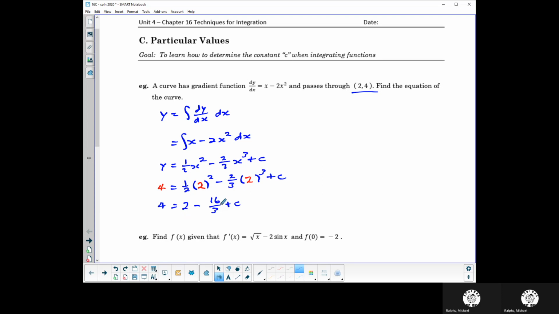Subtract 2 from both sides, and then I'll add the 16/3 to both sides. So c is going to equal 2 plus 16/3. And 2, of course, is 6/3. So I'll just continue this up here. Then we get 22/3 as the value of c.